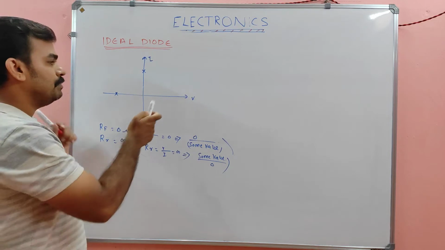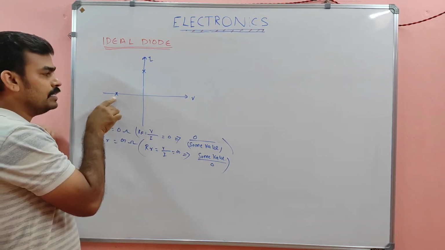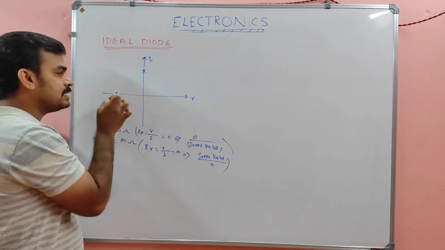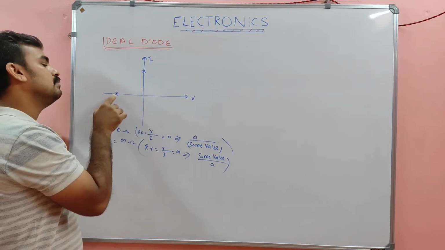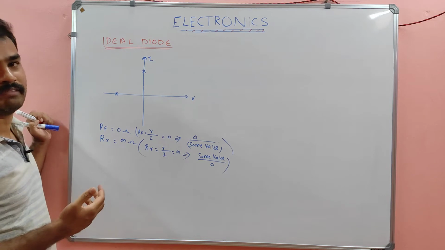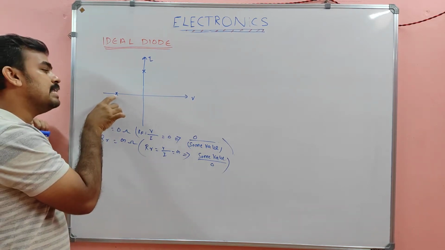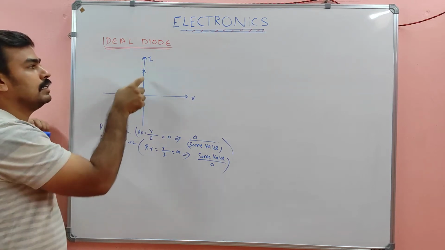From this graph itself it is clear that there is a voltage V, and at that time the current is 0. That means there is some reverse voltage. Why is this not here? Because we are in reverse biased condition only, this reverse resistance is calculated, right? So in reverse biased condition, even though there is a reverse voltage, the current is equal to 0.